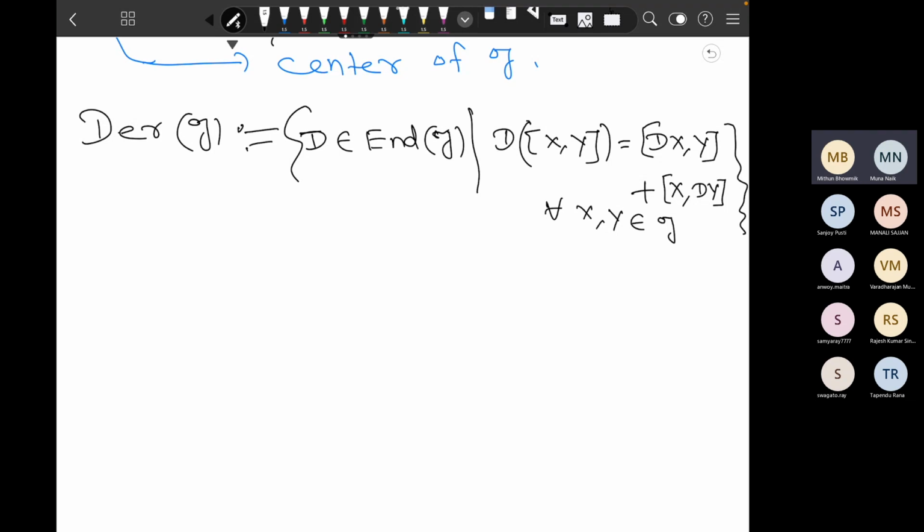So D is a linear map on g such that D is a derivation. This is called the Leibniz rule. I have told you this in the beginning. Okay.